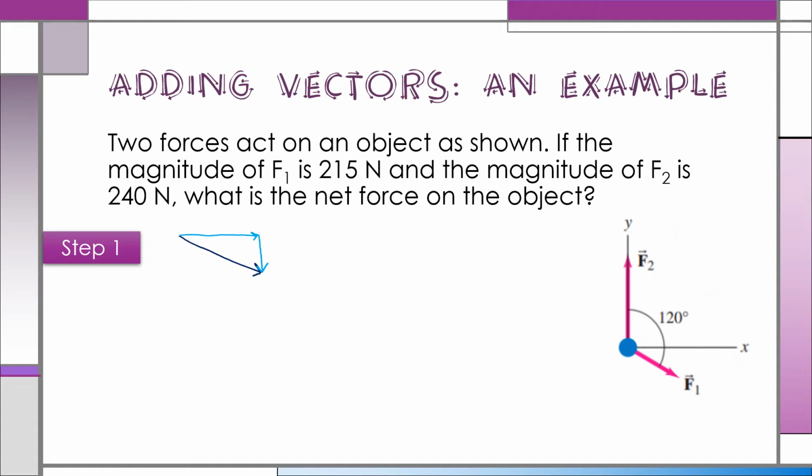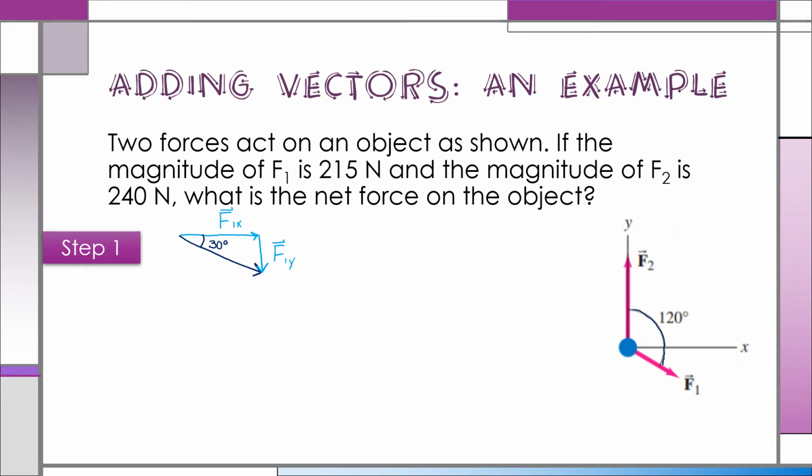And we see that the angle between these two vectors is 120 degrees, like it's marked right there. But this angle in my diagram would only be 30 degrees. And so if I want to find the x component, I'll call this F1x, and the y component, F1y.